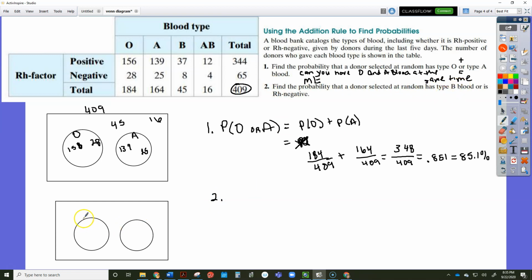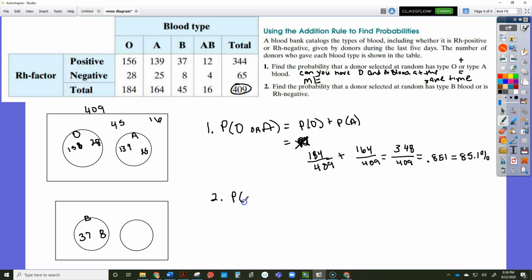So here we want type B. Okay, so this event is type B blood. And for type B blood, we have 37 and 8. And then it says, or is RH negative.